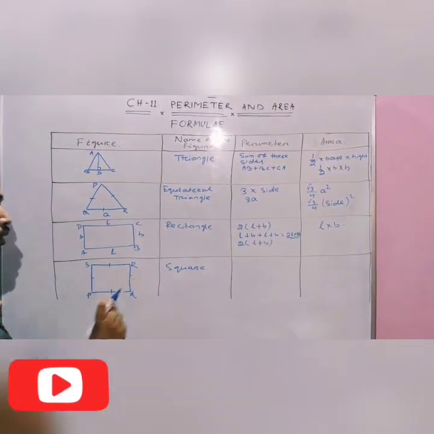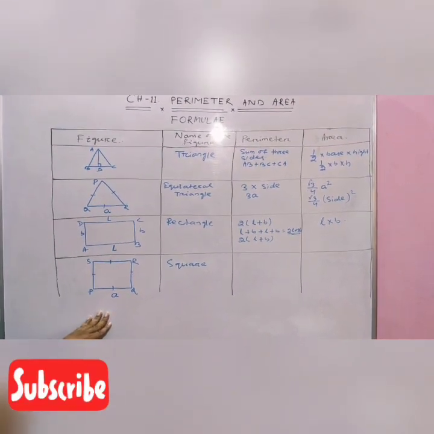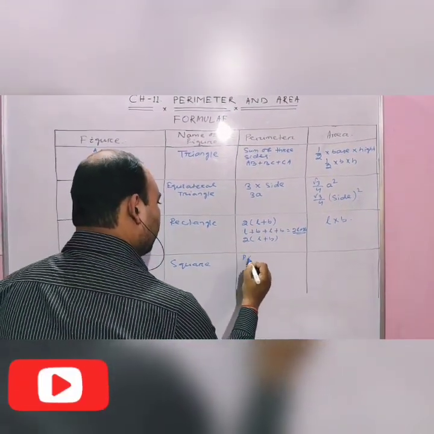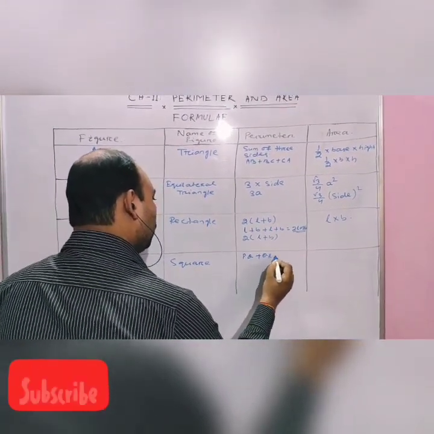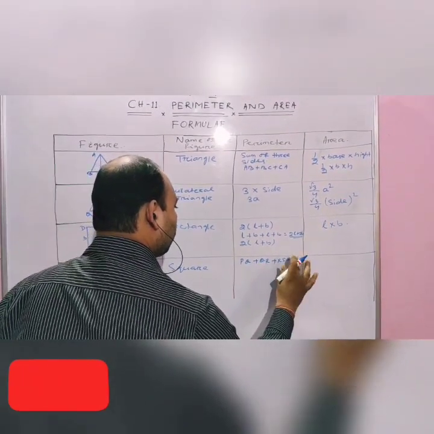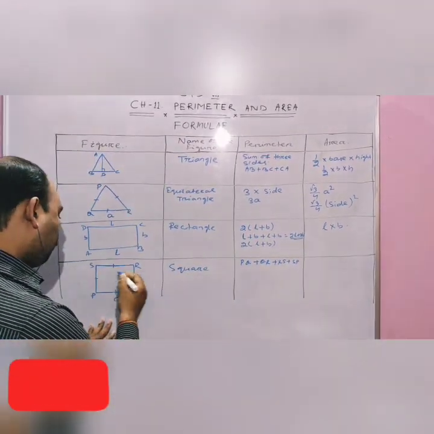Its figure name is square. What is the perimeter of the square? Perimeter of the square means sum of 4 sides, you know. It means PQ plus QR plus RS plus SP.